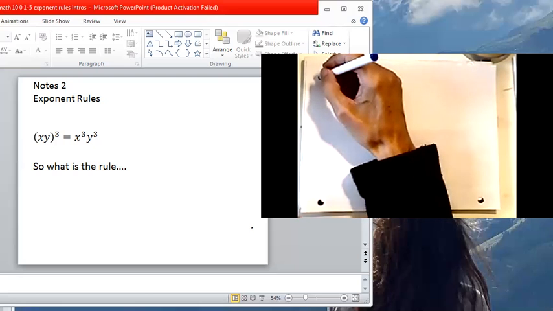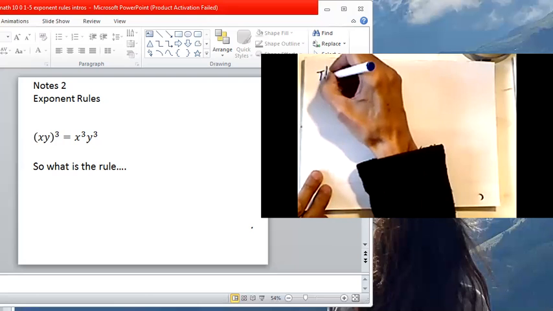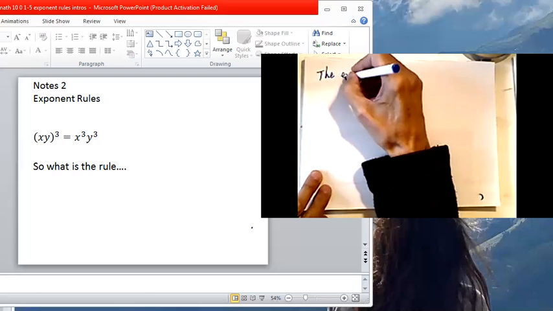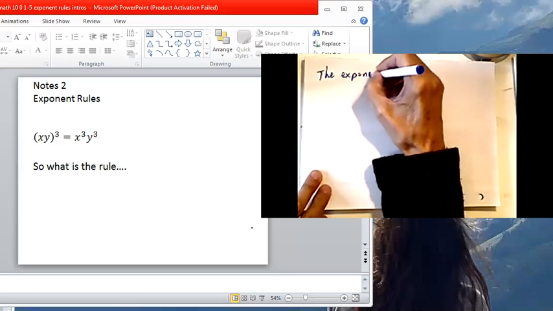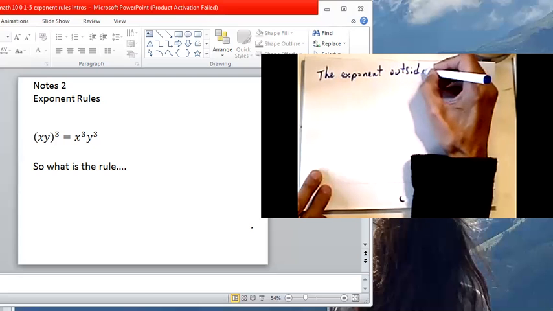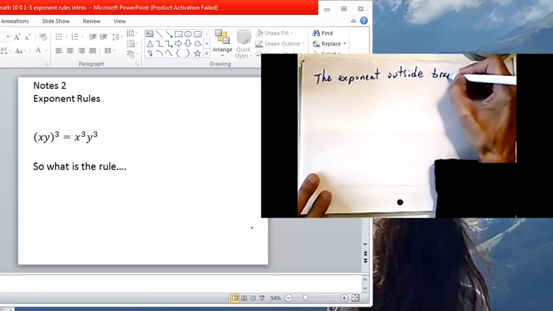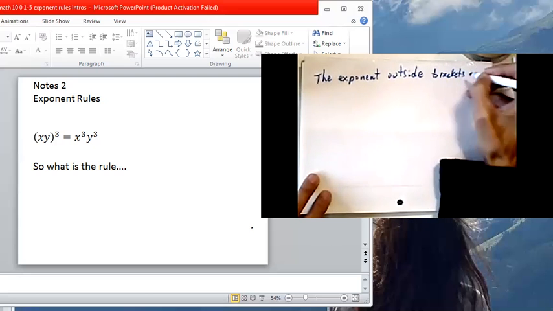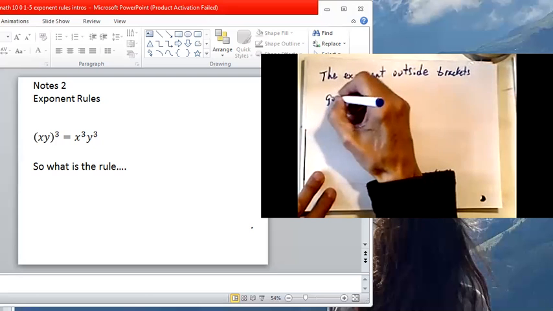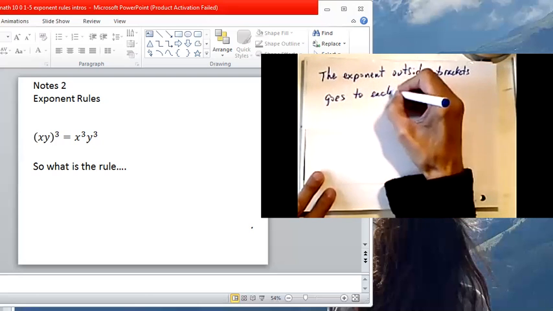When you have the exponent outside brackets, that goes to each on the inside.